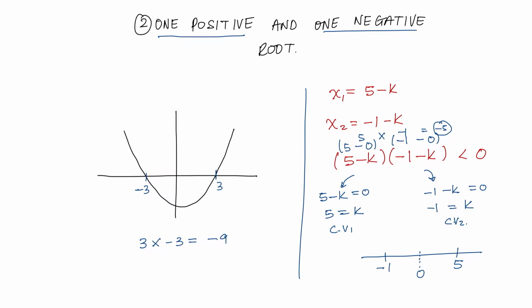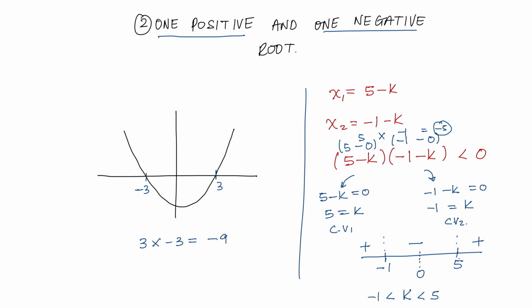So it means that in this region between minus 1 and 5, we are going to have negative values. That means here we're going to have positive values, and here we're going to have positive values. So if we are looking for where the roots are going to be one negative and one positive, the answer here would be that k will be between minus 1 and 5.